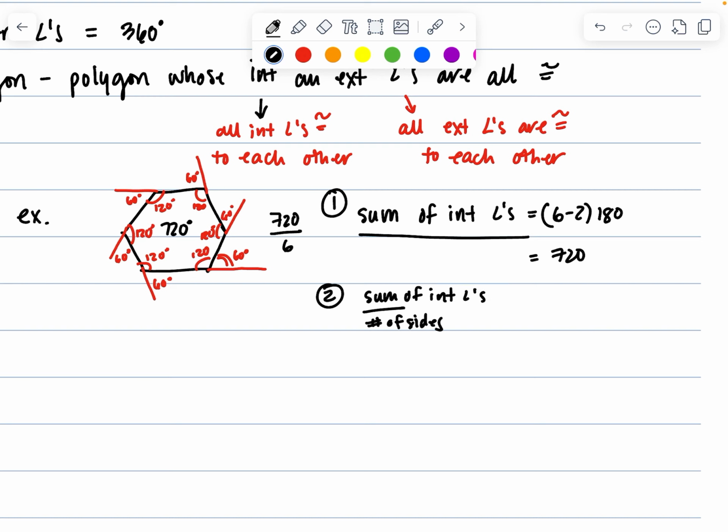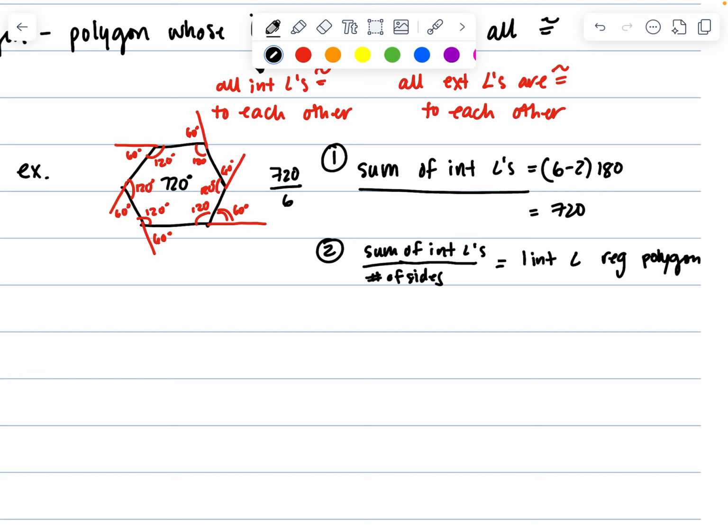So no matter what it is, whether it's a pentadecagon or a decagon, the sum of interior angles divided by the number of sides will equal one interior angle of a regular polygon.